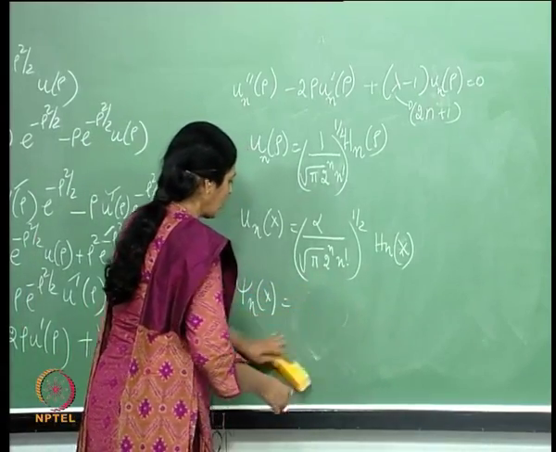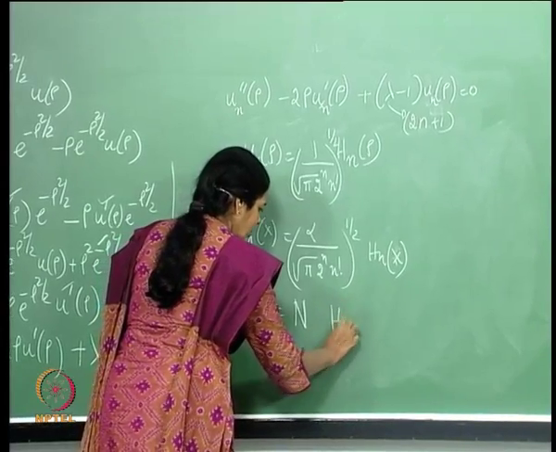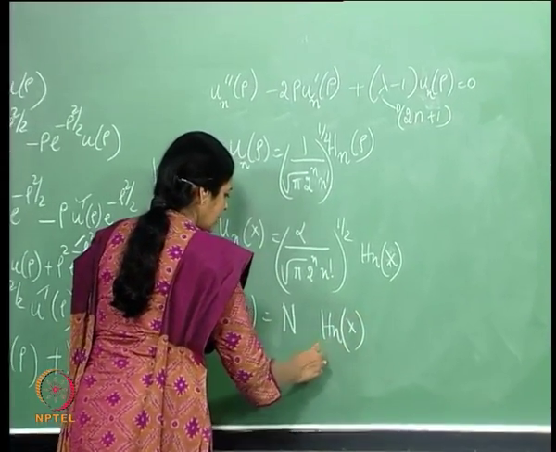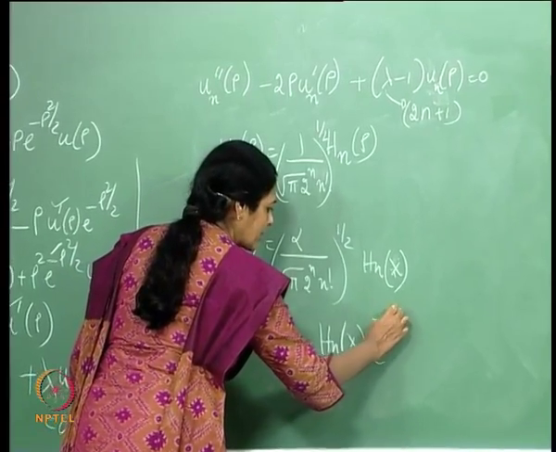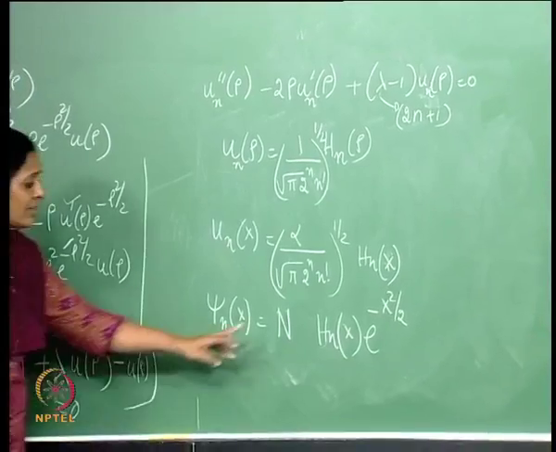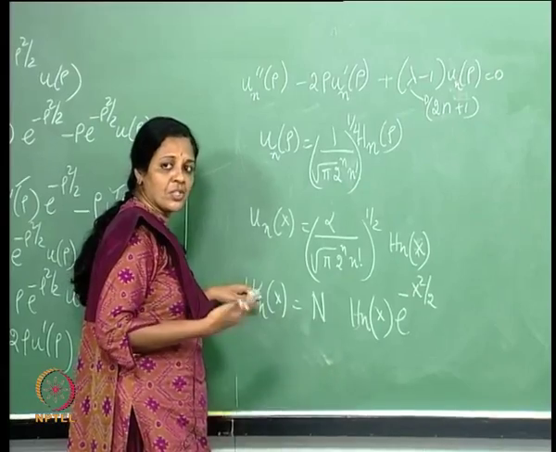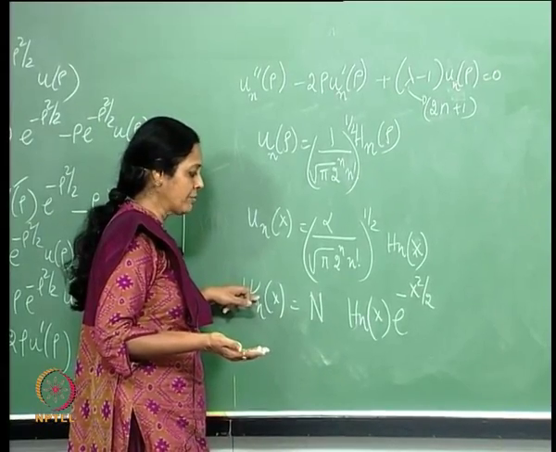So let me not write the normalization, it is some normalization N, times Hn of x times the Gaussian e to the minus x squared by 2. The Gaussian takes care of the fact that the wave function goes to 0 sufficiently fast at infinity.